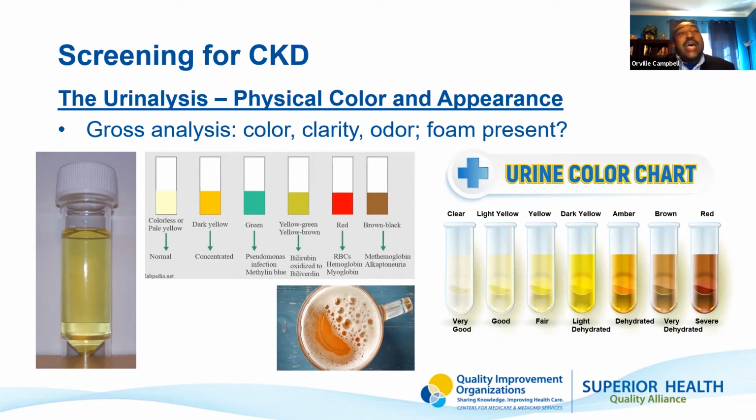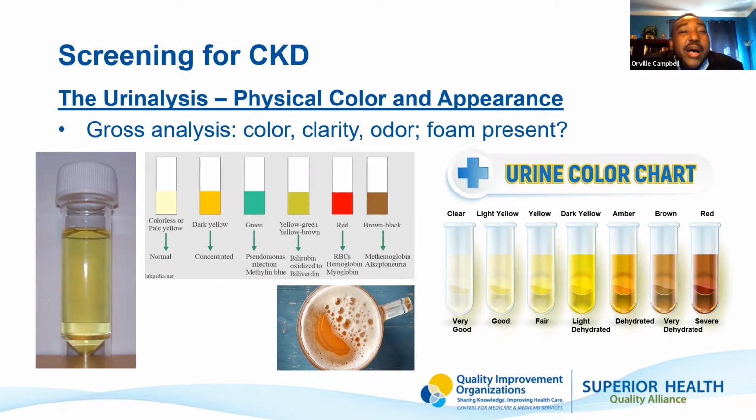It should look like that urine to your far left: clear, straw-colored, even preferably like cheap lemonade that you can see through. It tends to be colorless or a pale yellow. As we change colors, it can be an indicator of a disease process or abnormal hydration status.